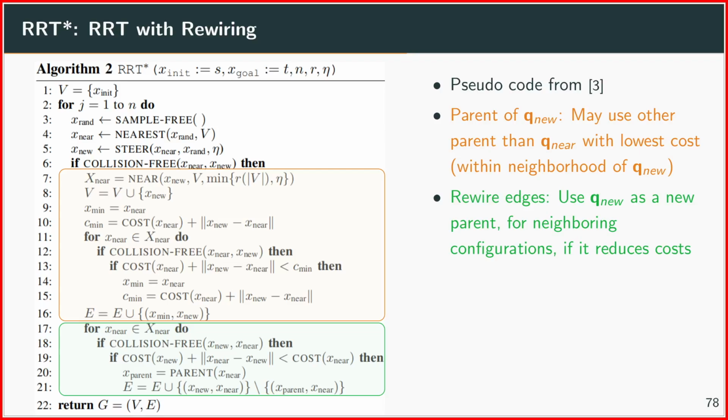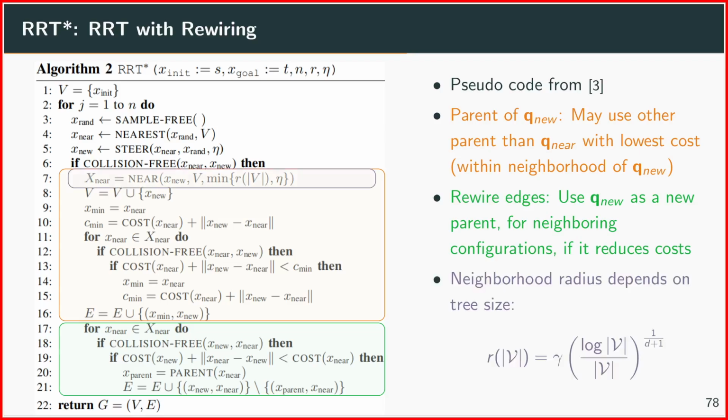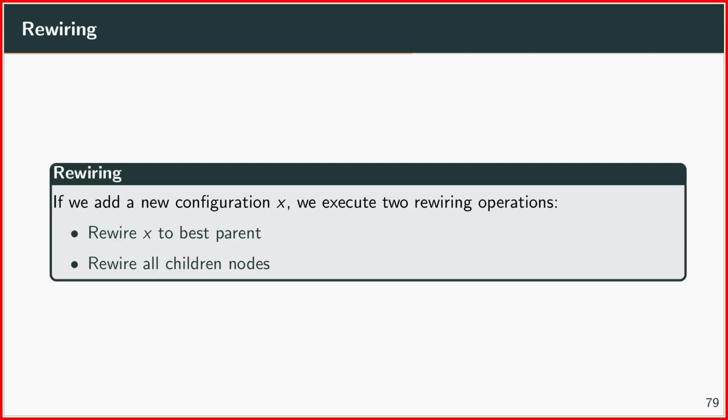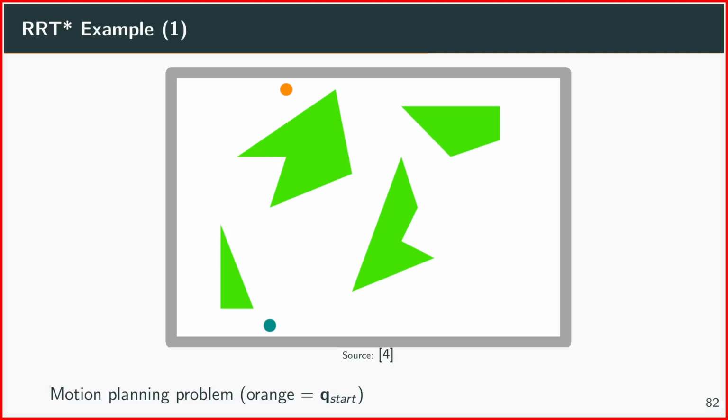Okay, so this is all theoretically here in the pseudocode, but let me just show you some visuals to show you how this actually works. So here we have, again, a small 2D planning problem. We have in green here some obstacles, and we have two configurations for a point robot.